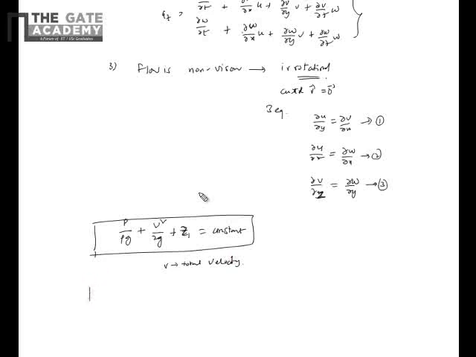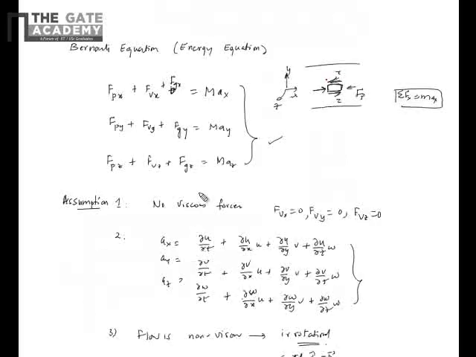Okay, so let me list out the assumptions and under what cases it is valid. The assumptions that were made here are that the flow is ideal, that is non-viscous and irrotational. Basically, because of shear stress only, we'll have the rotation component.